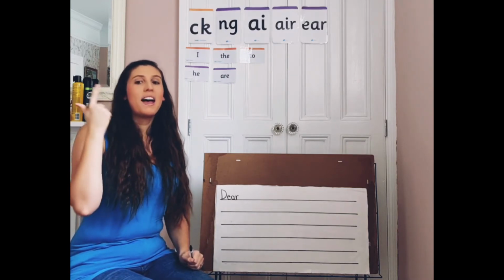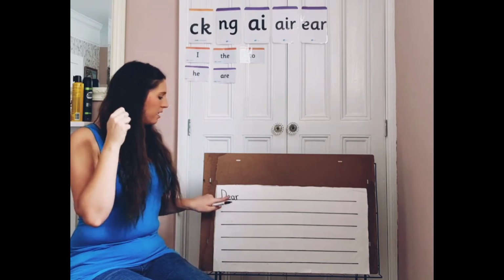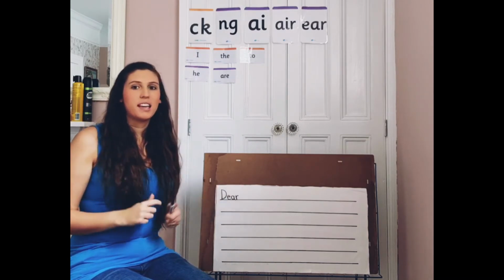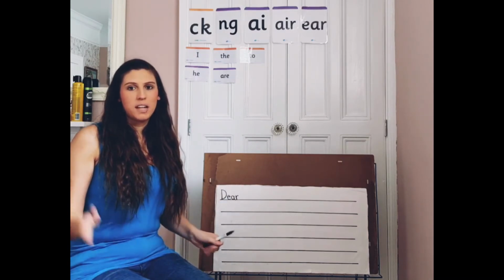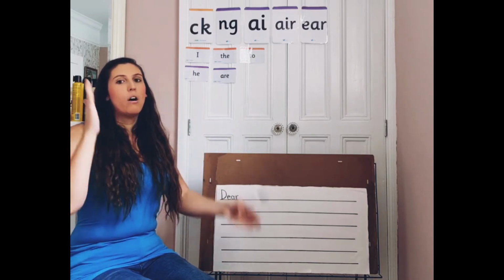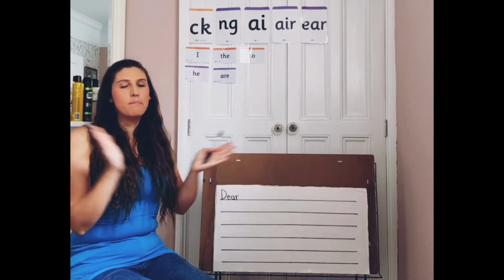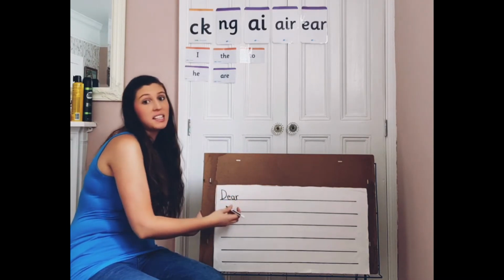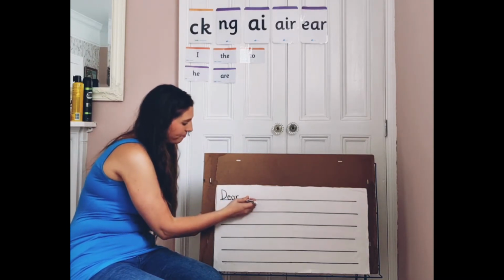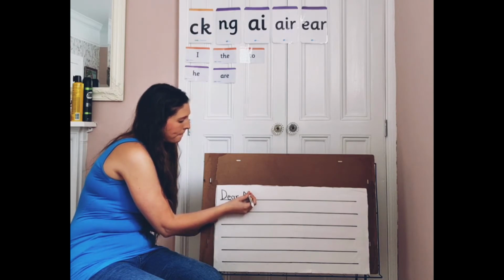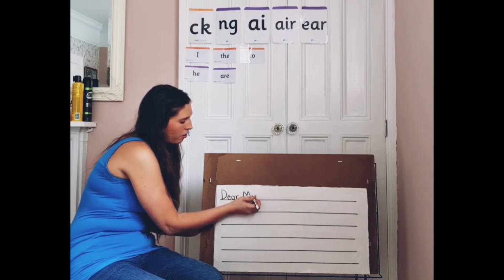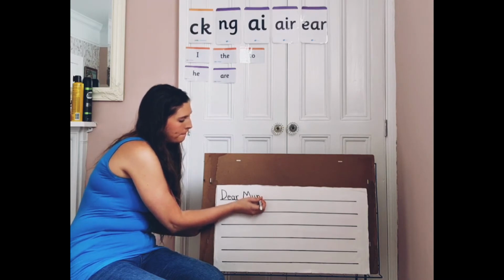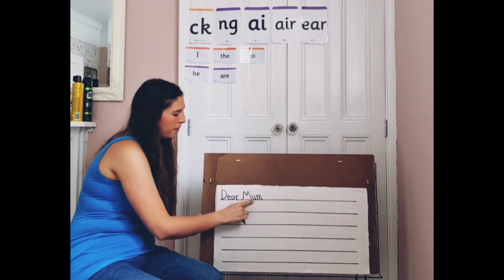Okay, let's go back to the sentence. Dear Mum and Dad. Dear Mum. So our second word is mum. Let's sound it out. Mum. Okay, so we need a capital M because it's a name. Okay, dear Mum.